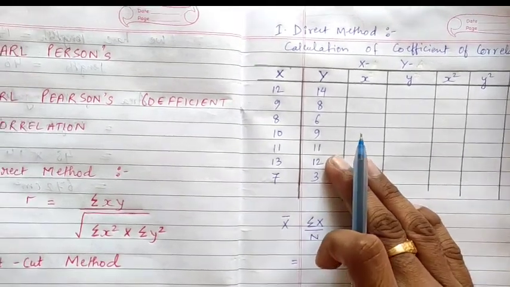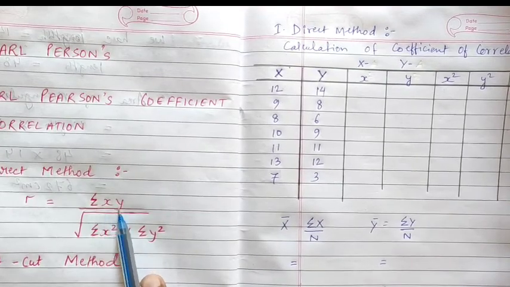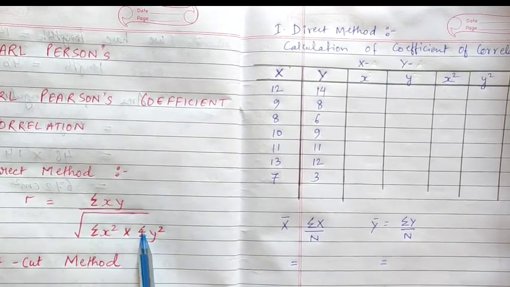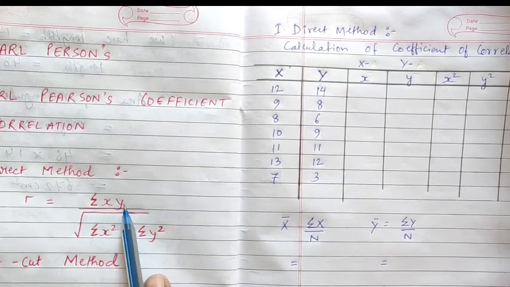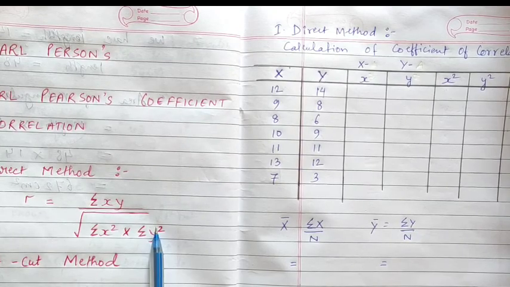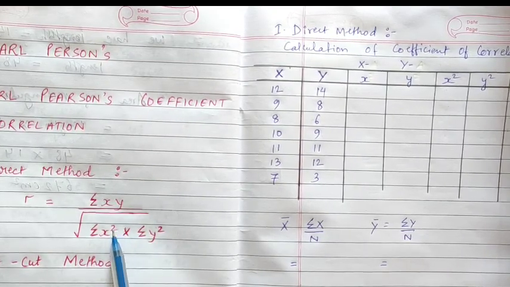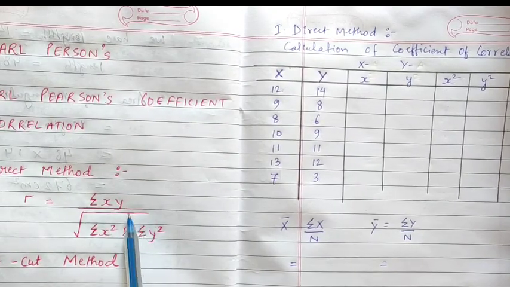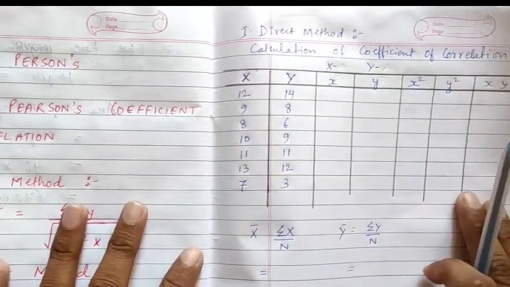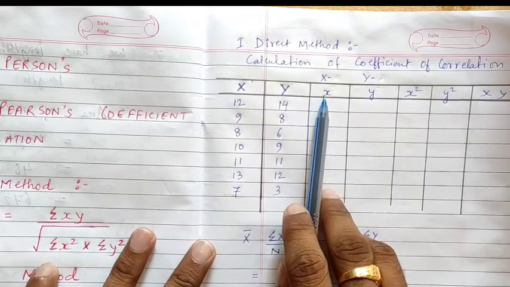The formula is summation xy divided by under root summation x square into summation y square. So if we get x and y, we need x square and y square as well. If we are able to find x and y, we can find xy, and x square and y square also.